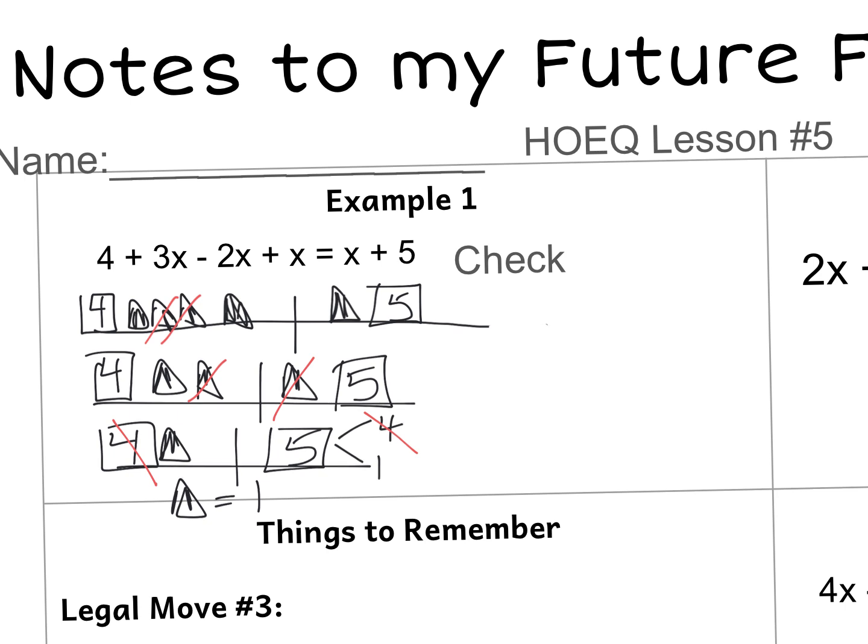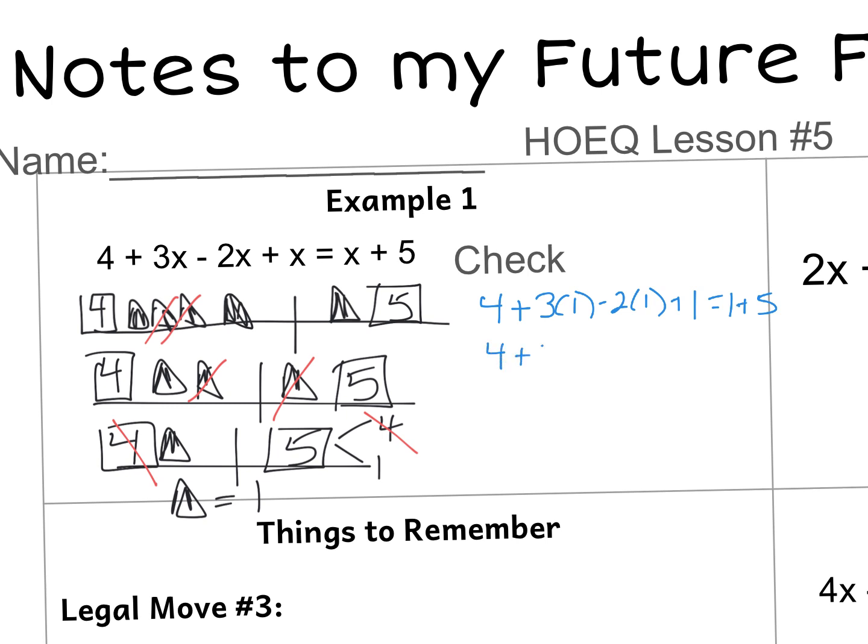Looking at our check then, I'm going to take my original equation and substitute in 1 for every x. So it's still going to stay 4 plus, 3x is going to become 3 times 1, minus 2x is going to become 2 times 1, plus x is going to become plus 1, equals 1 plus 5.